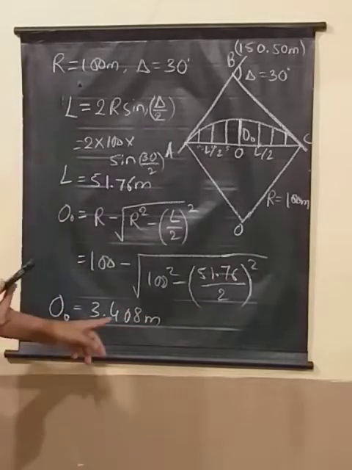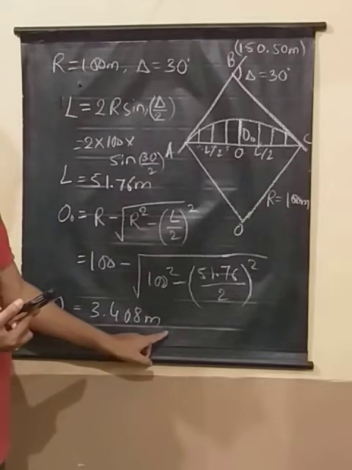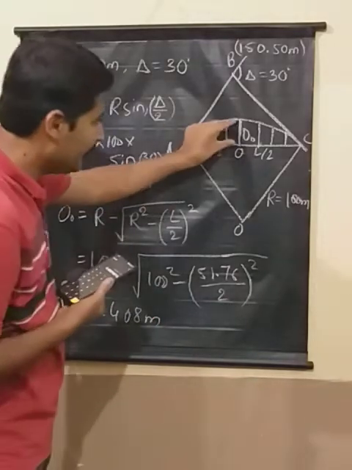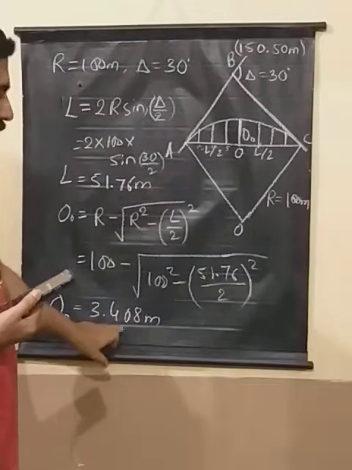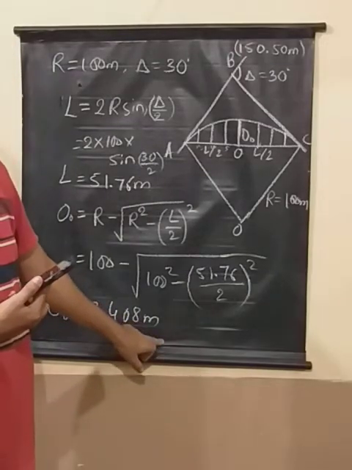So this height O naught is 3.408 meters, right?